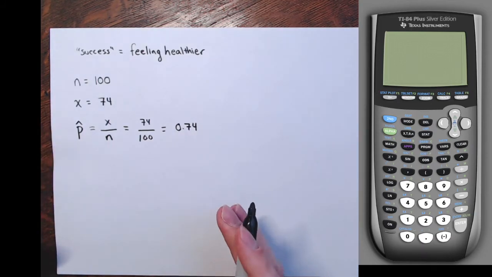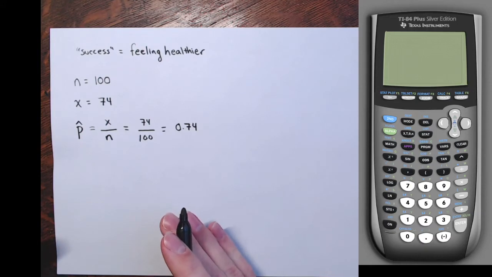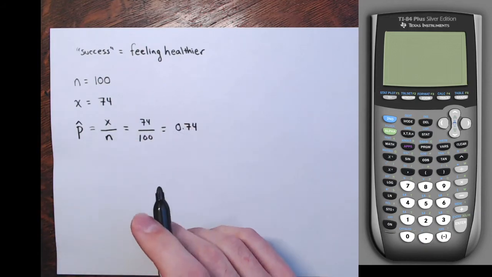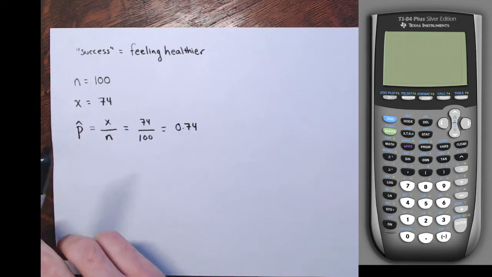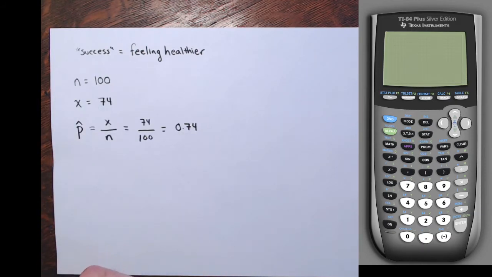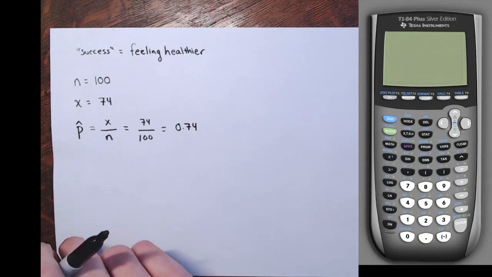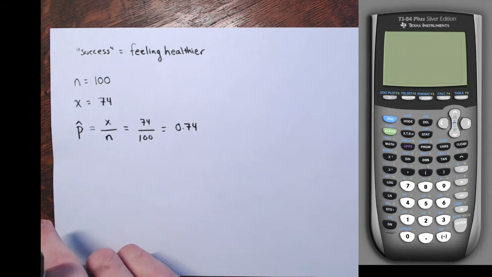Now, recall from the first video on this objective, I talked about the central limit theorem for proportions. Imagine you could take all possible samples of 100 vegetarians and ask them the same thing, and look at the proportion that say they feel healthier. Do it for all possible samples of size 100.